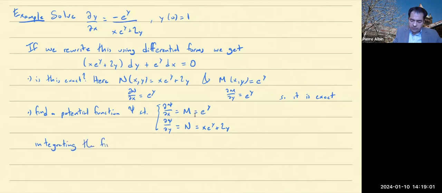Integrating the first equation with respect to x, we get that psi of x,y is equal to, well, if I integrate e to the y with respect to x, I just get x times e to the y, right? And then plus a constant, but just like before, this constant is an arbitrary function of y.